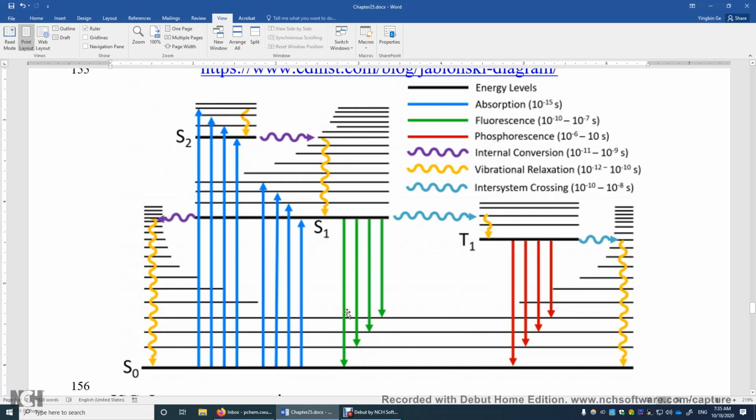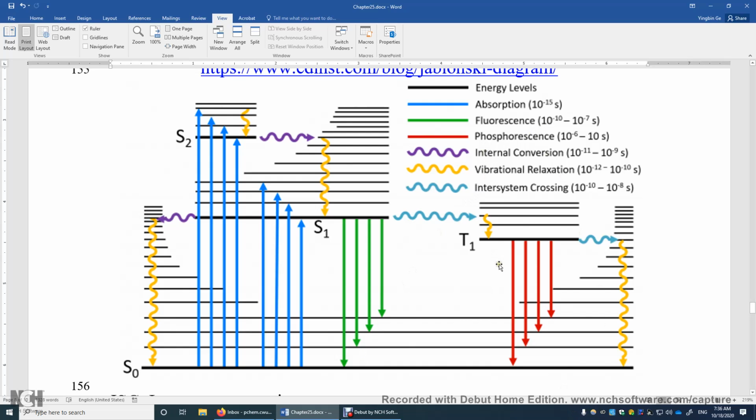All right? And I don't know which one has the greatest transition intensity. Again, it depends on the overlap between the vibrational wave functions of the initial and final states.